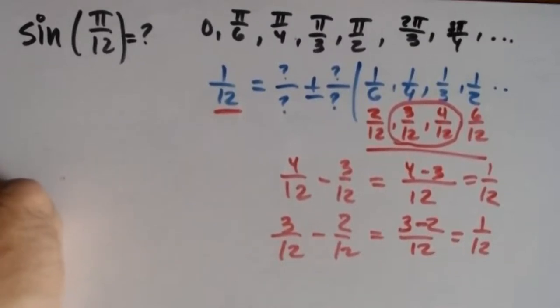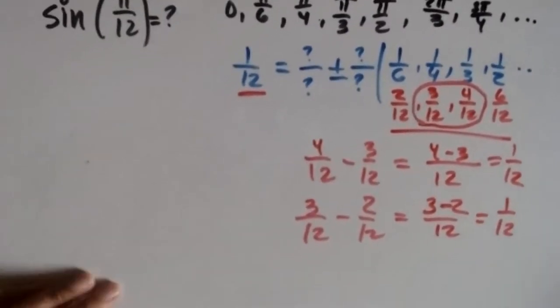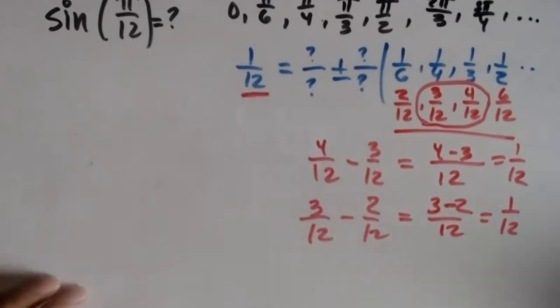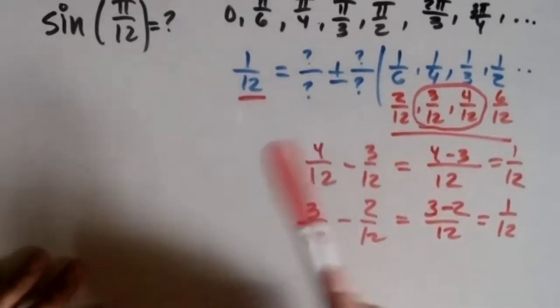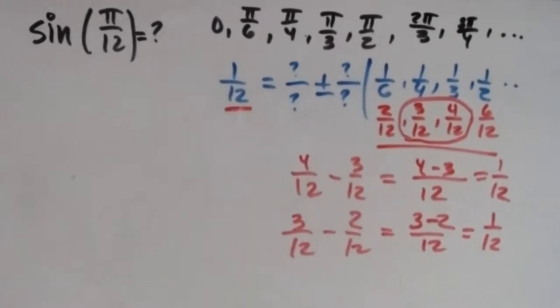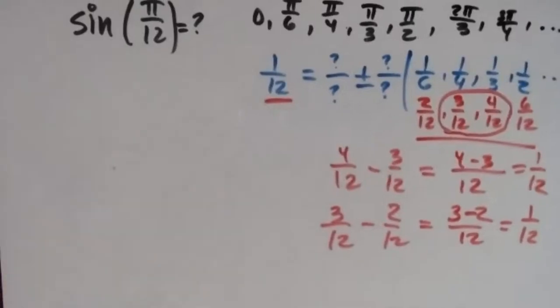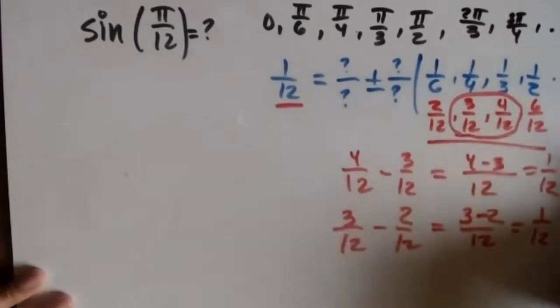So let's then use one of them. Which one do you want to use? 4/12 minus 3/12, or 1/3 minus 1/4, or 1/4 minus 1/6. Again, let's just do the first one, right? So what I'm going to have is this one. Let me just erase all this.